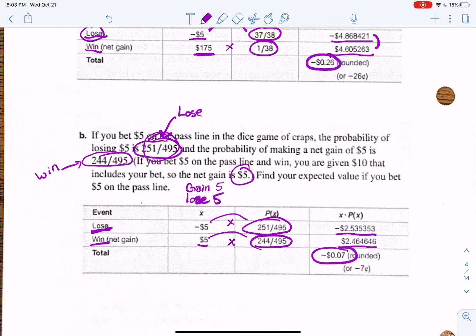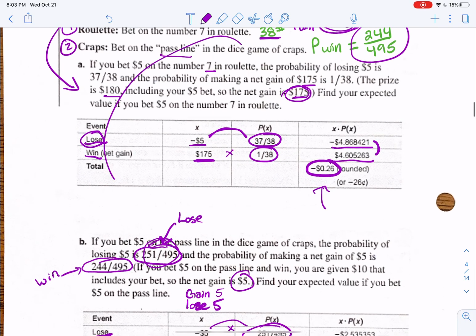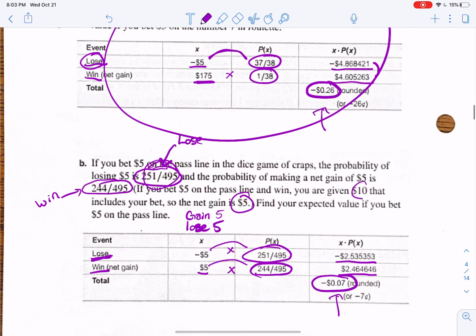Okay, so now we have to decide which one we're going to do. Here, on average, I'm going to lose 26 cents per game, but here I'm only going to lose 7 cents per game on average. Now a lot of people think that this game is more appealing because the payout is a lot better if you win, right? $175 looks more appealing than winning 10 bucks.